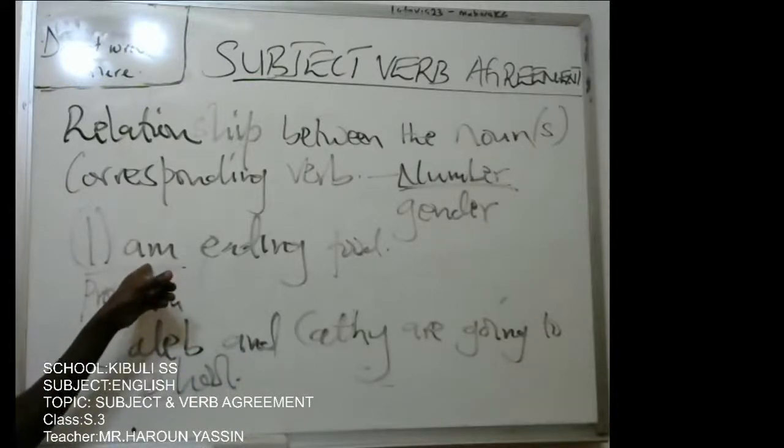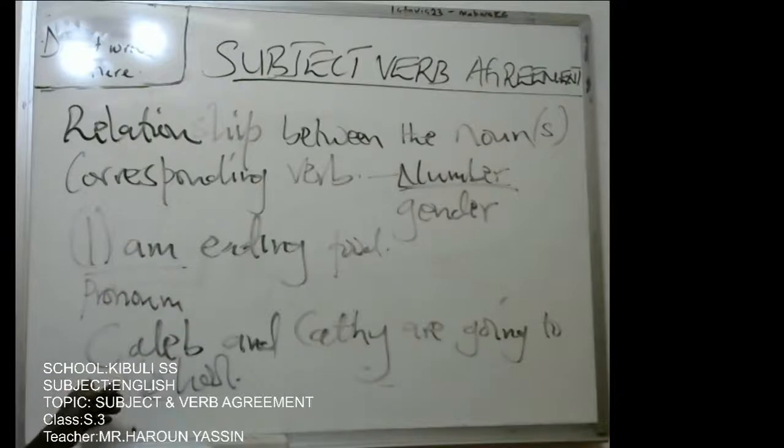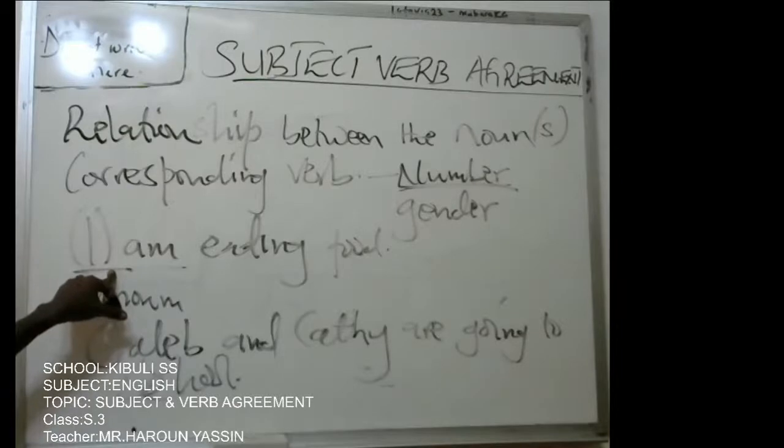Unlike in the sentence above, where we have only one subject, one pronoun. By the way, a subject can be either a pronoun or a noun, but here we have used a pronoun.